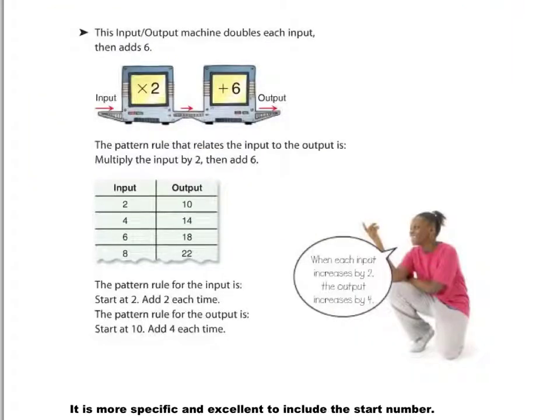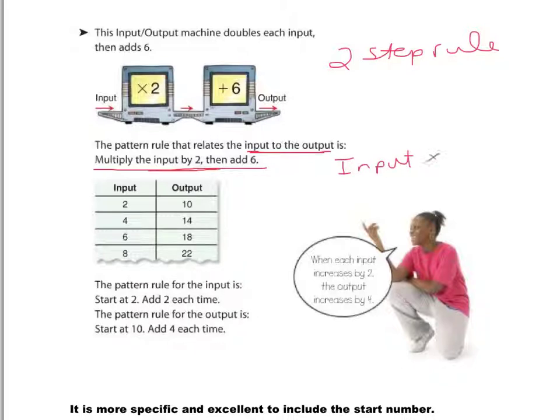This input-output machine, or this rule, has 2 steps. So we call this a 2-step rule, or input-output machine, as your textbook might call it. Here, the pattern rule that relates the input to the output is: multiply the input by 2 and add 6. So input times 2 plus 6 is going to equal our output.